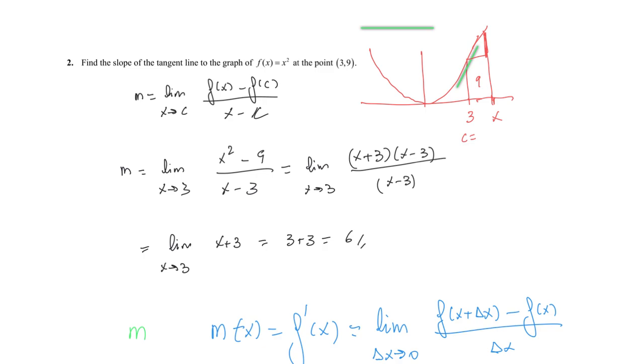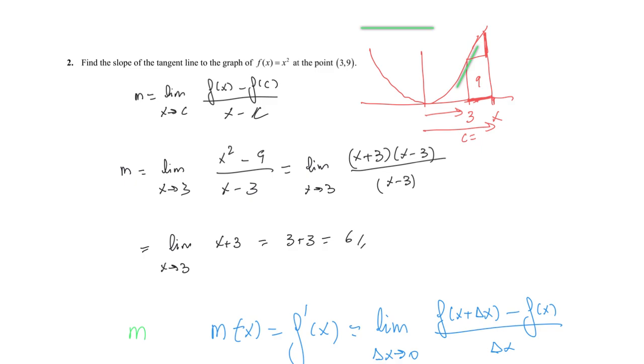So we will do this limit like f of x minus f of 3 divided by delta x, which is x minus c. This is x, and this is c. And x minus c is this, and now the limit will be when x approaches c, or when x approaches 3.